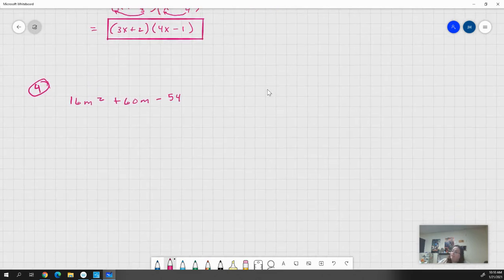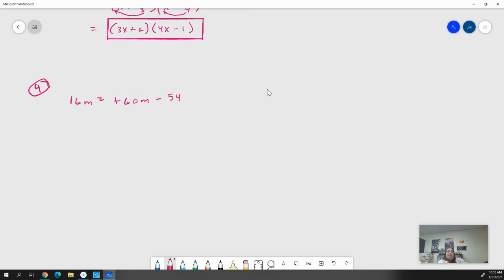When I look at this, I could, if I wanted to, multiply 16 times 54 and figure out what all those factors are, and it would work, but it would be a pain, right? Because I'm going to be dealing with a huge number, because 16 times 54 is really large.